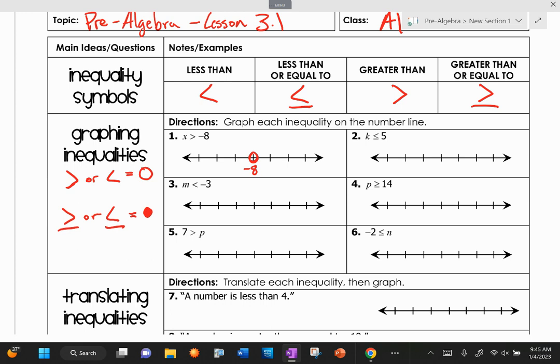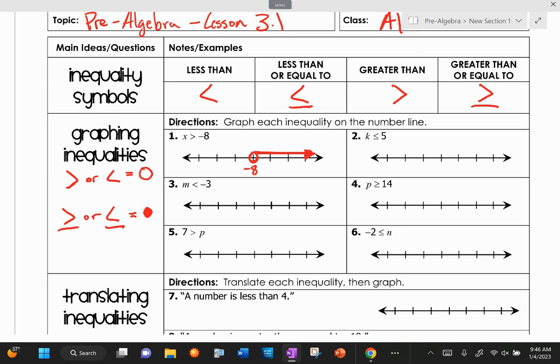Good. If we're saying x is greater than -8, which direction is this graph going to need to go if we're going to draw a line from this point? Which direction is greater than? Right, to the right. And that's it. Pretty easy.